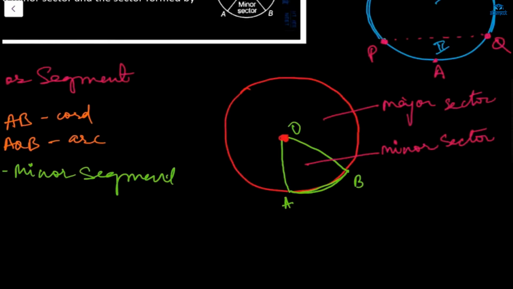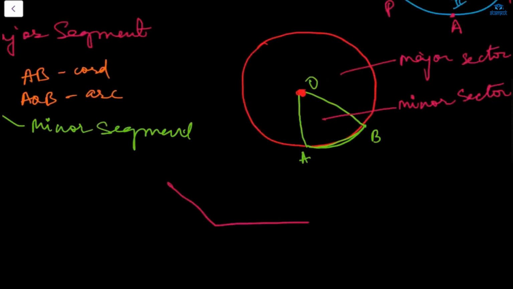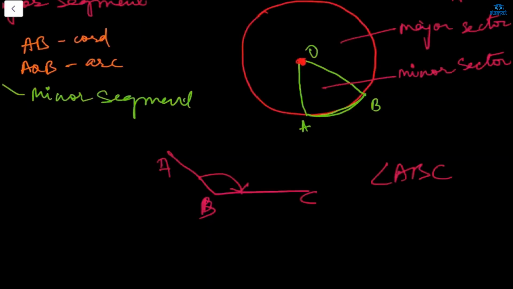If you are representing a sector, you can write A or B only, okay. But if you are representing minor or major, you have to explain that you are representing the minor sector or the major sector. Like if I'm representing the angle ABC, okay, so if I'm saying angle ABC, that can be this angle also, or it can be this angle also.